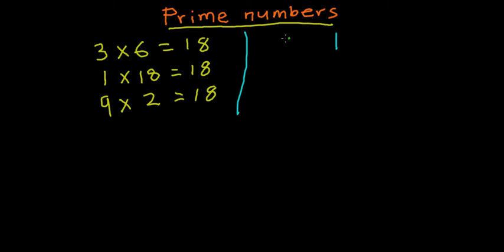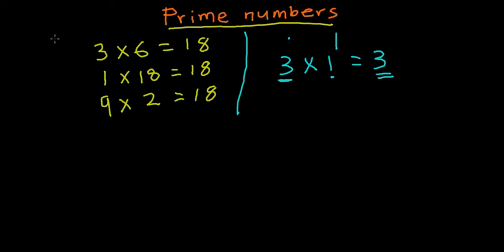Take for instance 3. 3 multiplied by 1, that is the natural number multiplied by 1, will give us 3. There is no other number that can be multiplied by 3 except 1 that will give us 3. So that makes 3 a prime number.